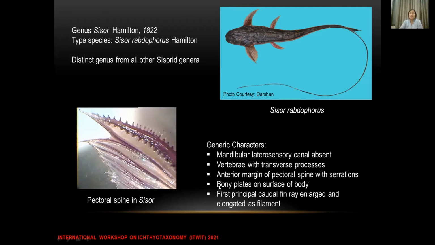They also have bony plates on the surface of the body. Then the first principal caudal fin ray is enlarged and elongated as a filament, as we can see in this picture. And we can see here the pectoral spine in Sisor, with the anterior margin of the pectoral spine serrated.